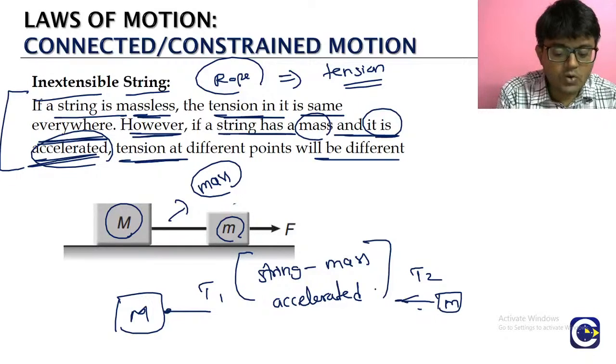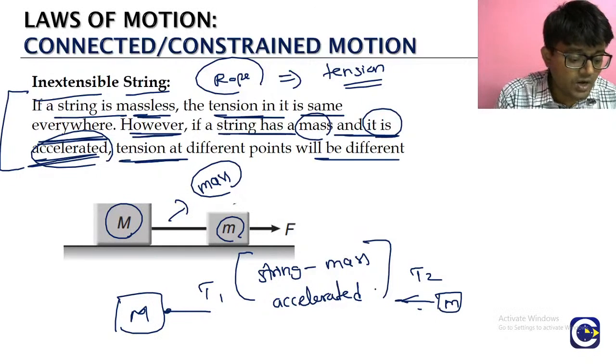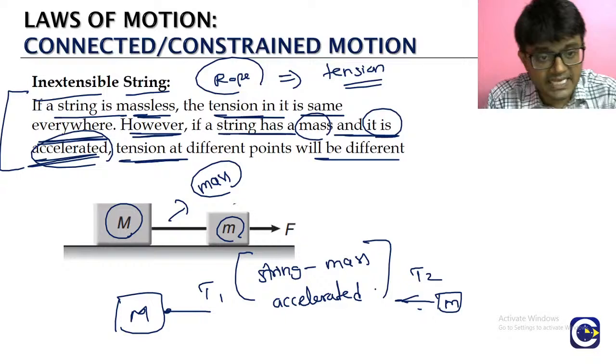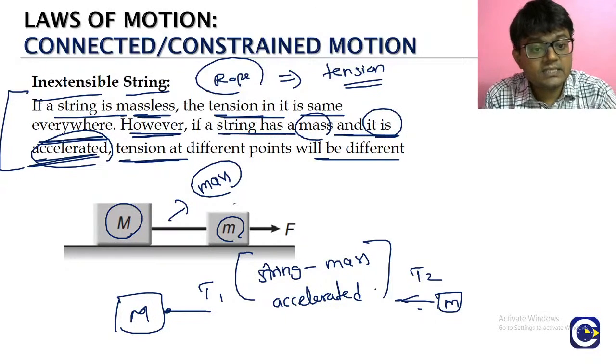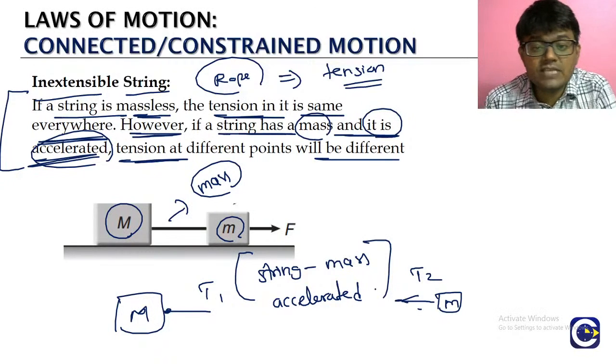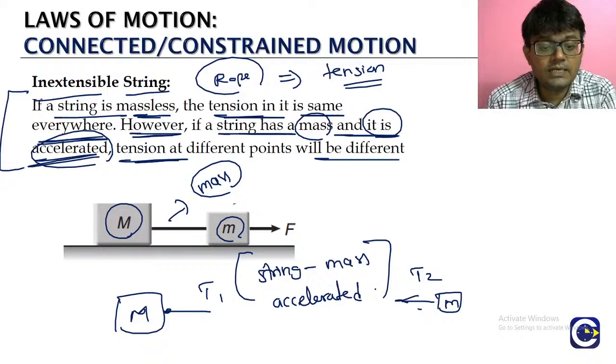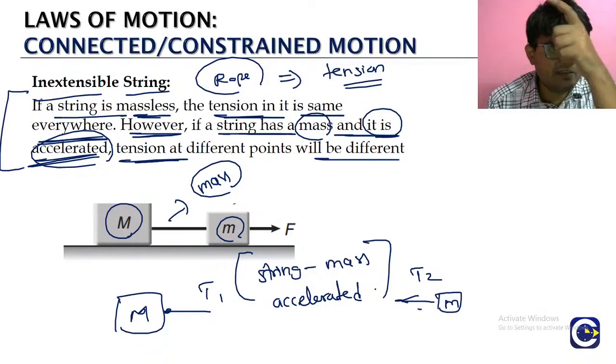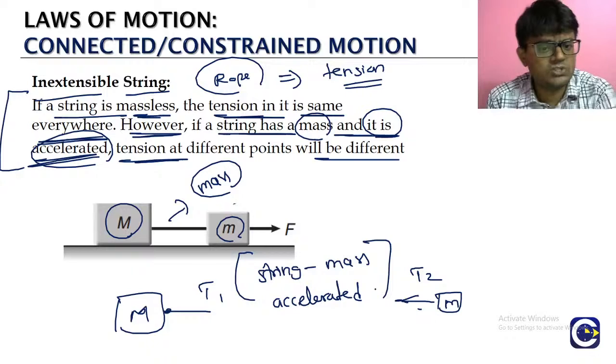So this is the assumption of a massless string. This is generally the assumption that we will go with in most JEE Mains level questions. We can have JEE Advanced level questions where we will consider that the string itself can have mass. Sometimes in JEE Mains questions also the string can have mass.